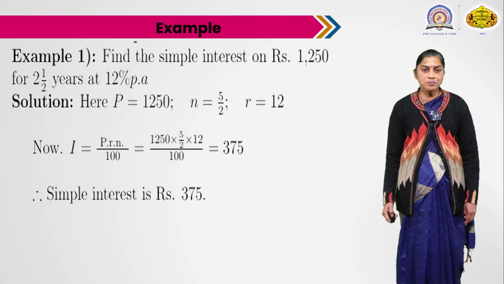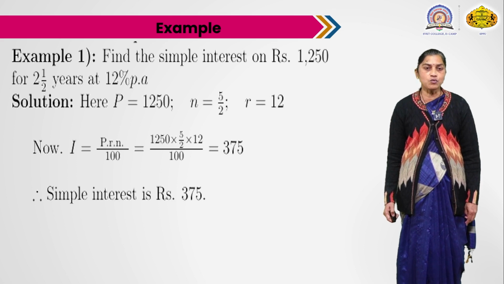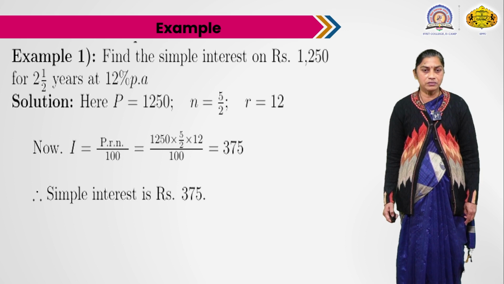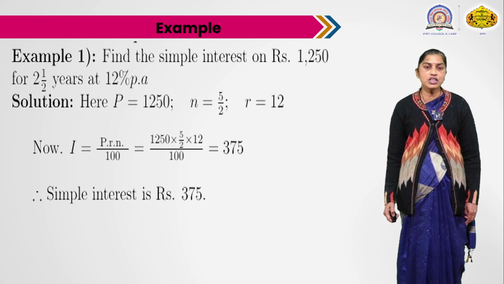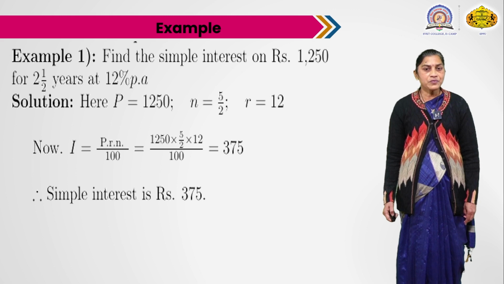The formula for simple interest is I is equal to P into R into N upon 100. So substitute the values. P is 1250, N is 5 by 2, R is 12. If you do the calculations, the I comes to be 375, and therefore the simple interest is 375 rupees.